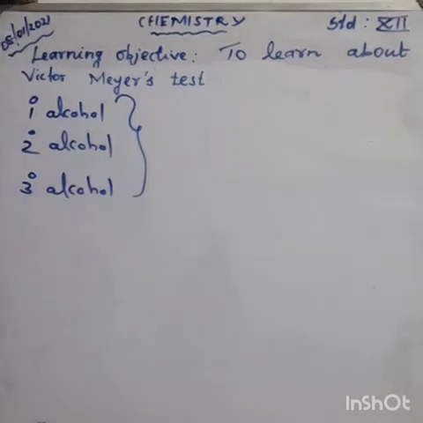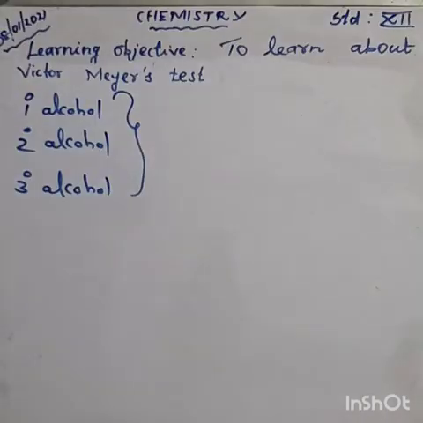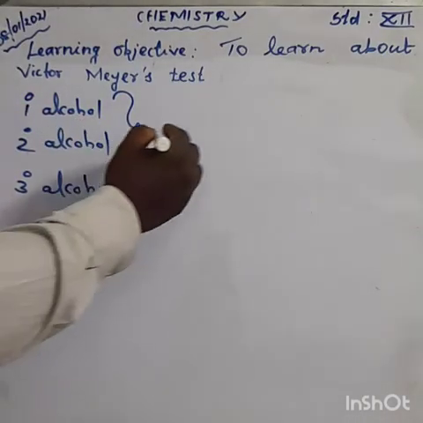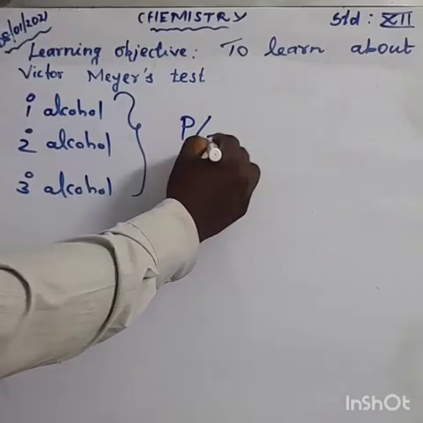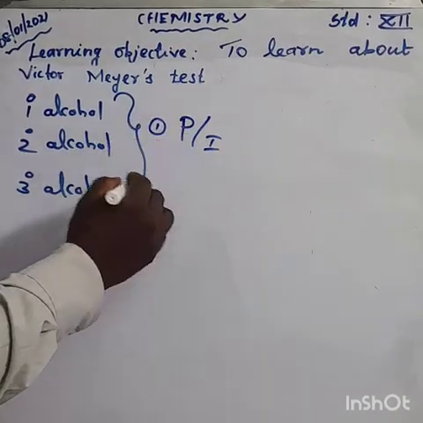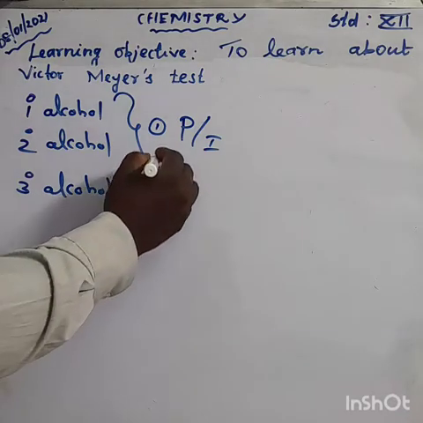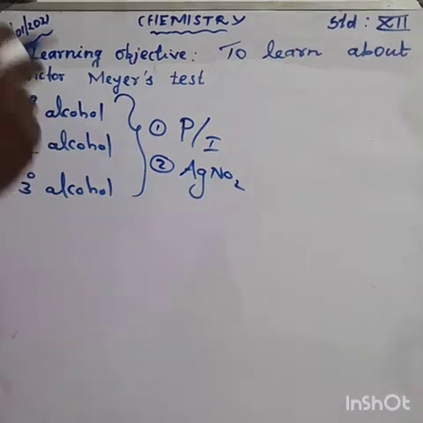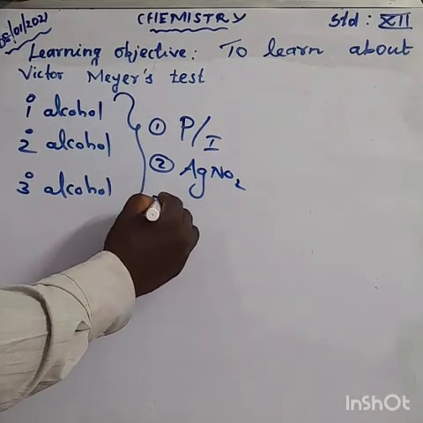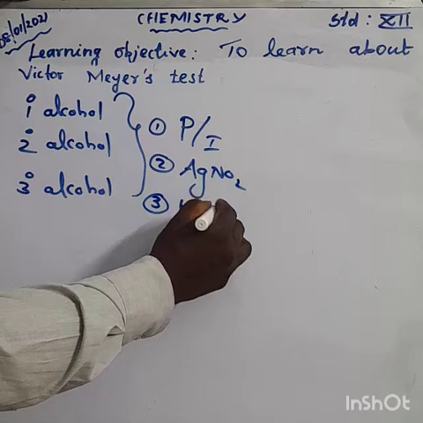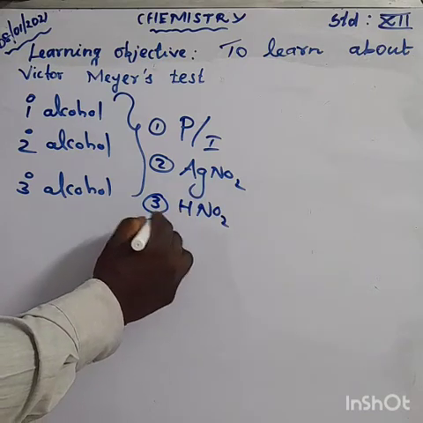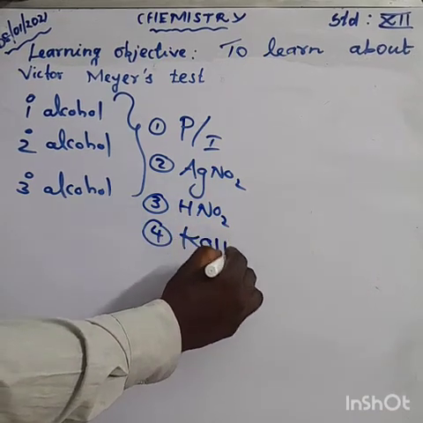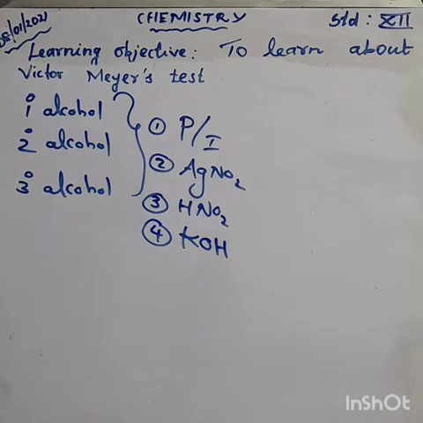The first reagent is phosphorus with iodine. The second is silver nitrite, AgNO2. The third is HNO2. The fourth is KOH, potassium hydroxide.